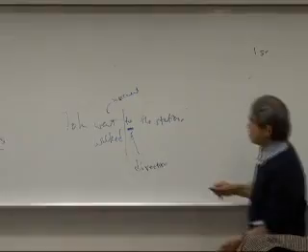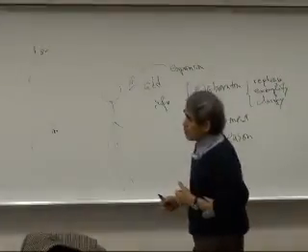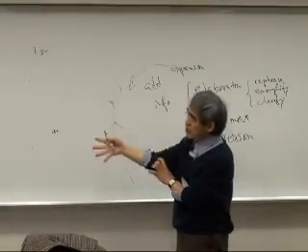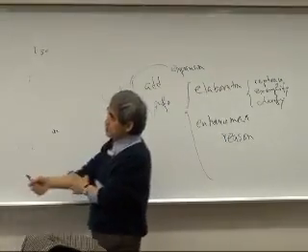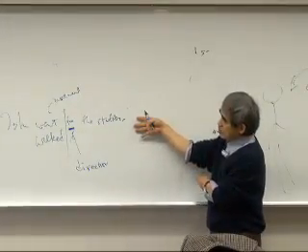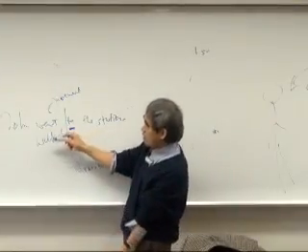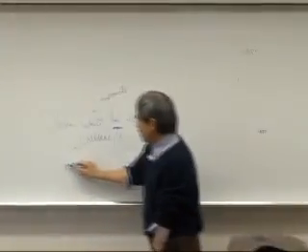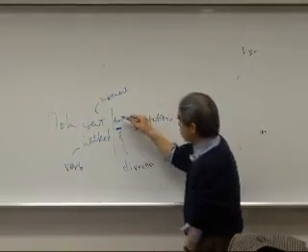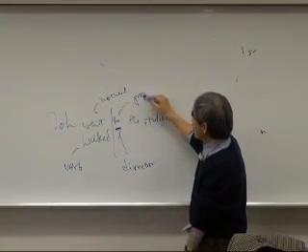Okay, but the difference between English and Japanese is, in English you have two expressions of process. That is, one is verb, the other one is preposition.